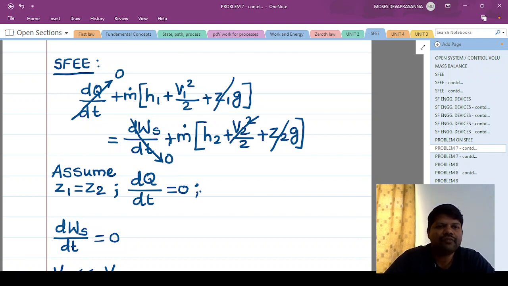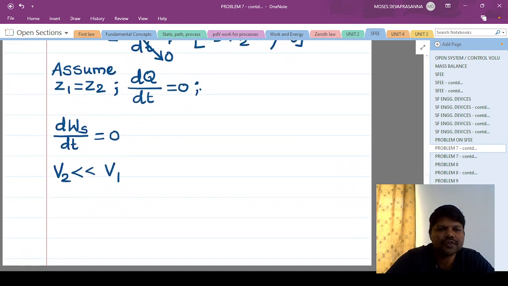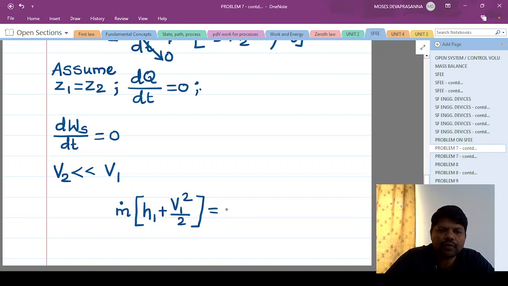After making these assumptions and applying these conditions, the steady flow energy equation will get simplified to this form: m dot into h1 plus v1 square by 2 is equal to m dot into h2.